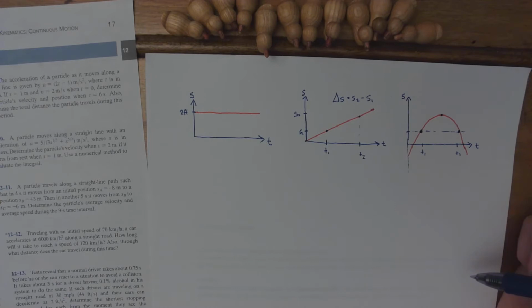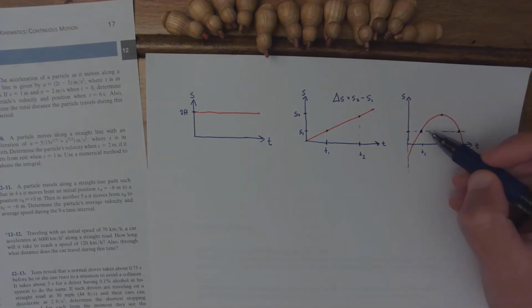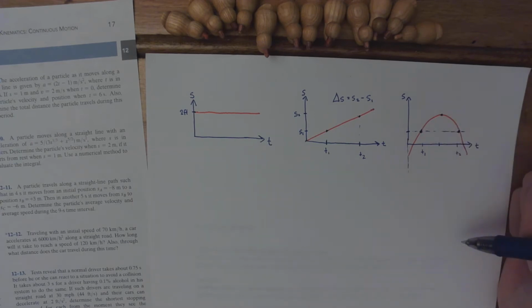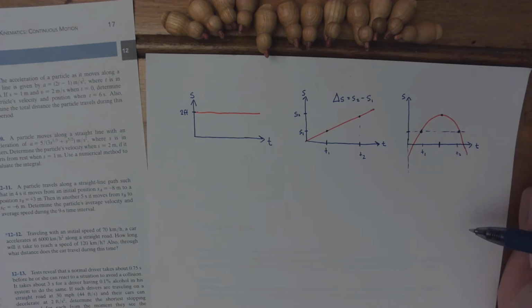However, the total distance traveled between time 1 and time 2 is not 0. However, if I pick a different point, let's say I look at the total distance traveled between this point here and this point here, that would be the same as the displacement. It would only be if I pick a point after the turning point for my final position that the distance and the displacement would be different.